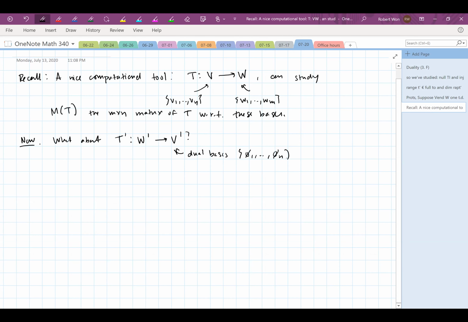And similarly, I can take the dual basis to my chosen basis of W. Call it psi 1 up through psi m. Okay, then we get M of T dual, and this is going to be an N by M matrix. And the question is, how is this matrix related to this matrix?